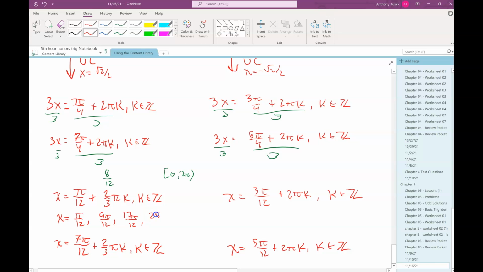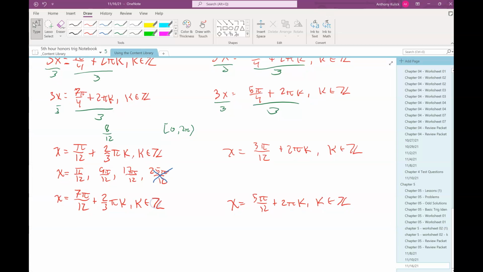And then 25 pi over 12, which is too big. And again, I acknowledge I'm not going to do any subtracting, because 8 pi over 12, if I subtract, it's going to be negative, right? For all of these. So I'm not even going to bother with checking the negative ones, because all of my base solutions are smaller than 8 pi over 12, right?